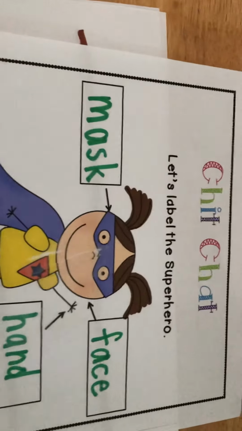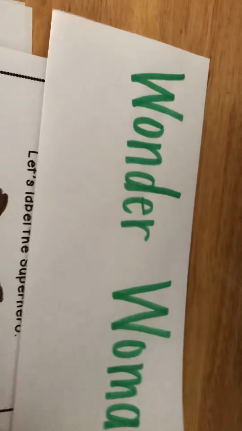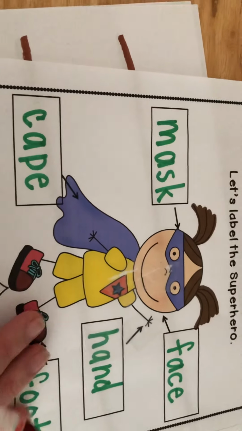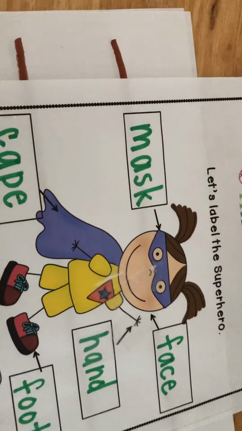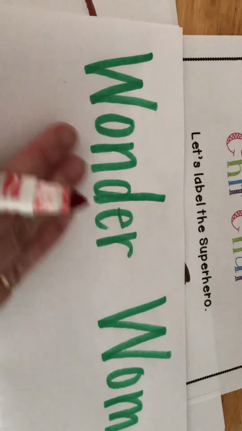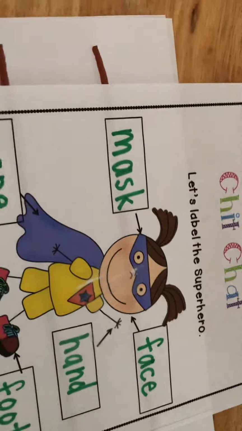And remember, I told you my favorite superhero was Wonder Woman. So this is a good way to take what we have labeled to try to write a little bit about our main thought. And my main thought is about Wonder Woman because she's my favorite superhero.